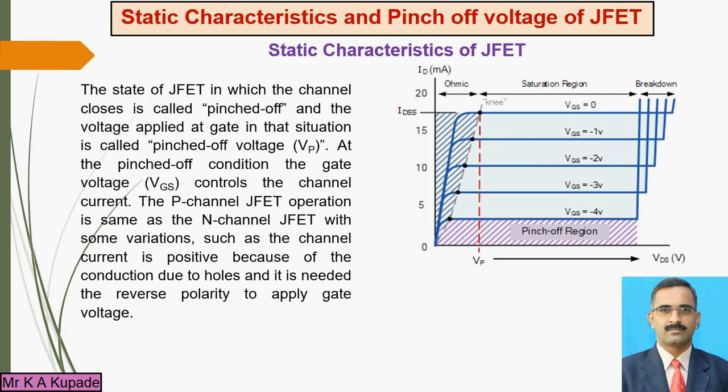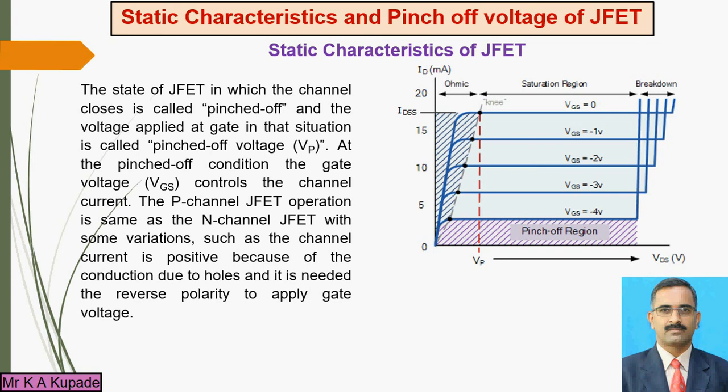And one situation comes when VGS makes that particular PN junction reverse biased, and it makes the depletion region wider.